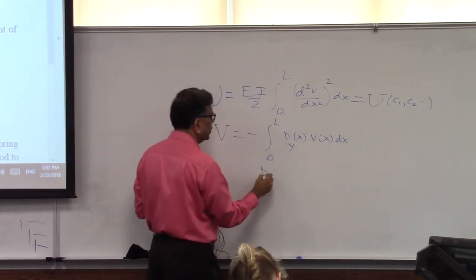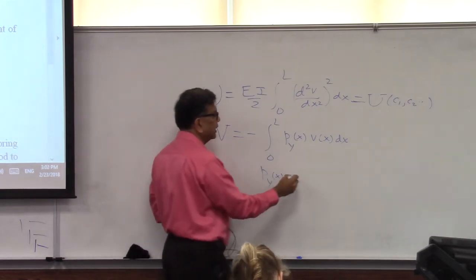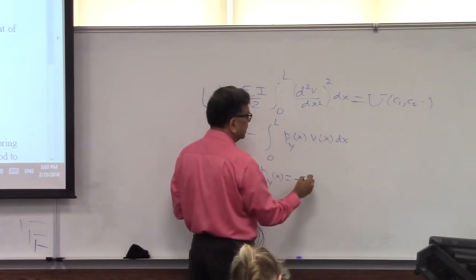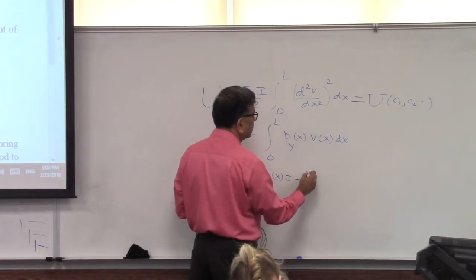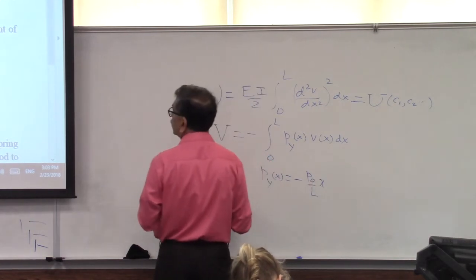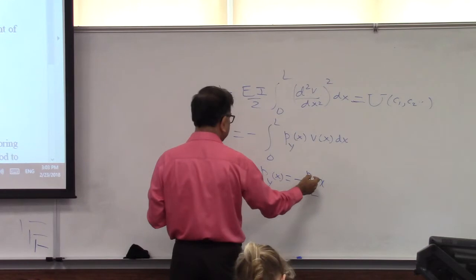In this case, I can give you a clue. The Py(x) first acts downward, so it should have a negative sign itself in the function. It's a linear function, so when you put x equal to 0, the intensity is 0. When you put x equal to L, the intensity is P0.